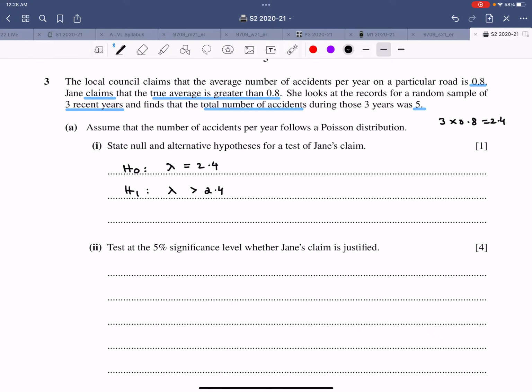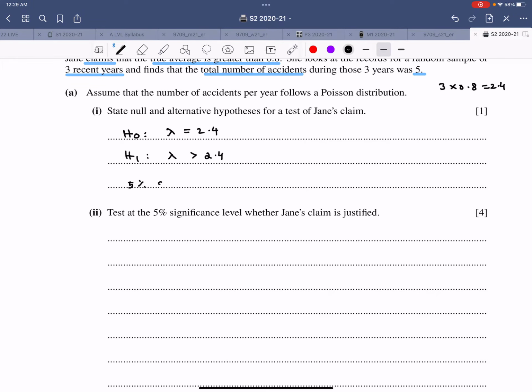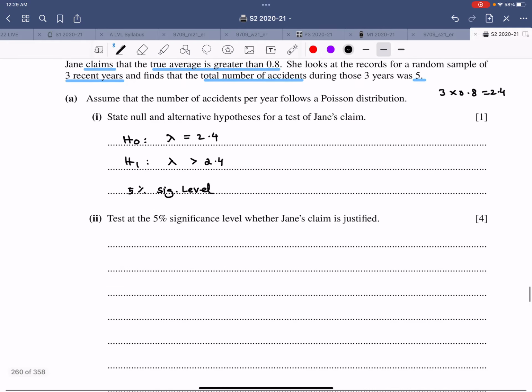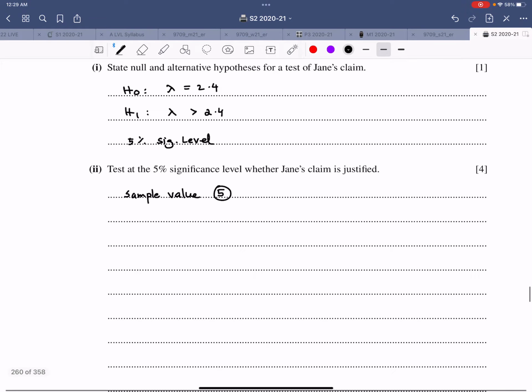Now, what is the second thing? That is the significance level that is coming up later. That is 5% significance level. What else is there? The sample value is 5. So the sample value of those accidents is 5, and this by default is inclusive. So now it's an upper tail test. Calculate the probability.